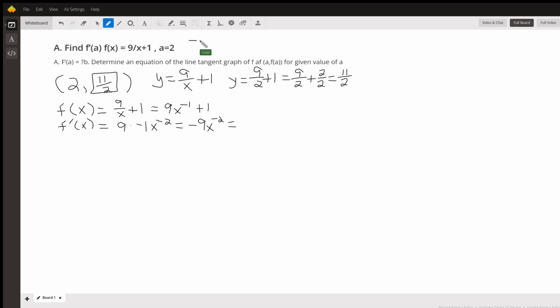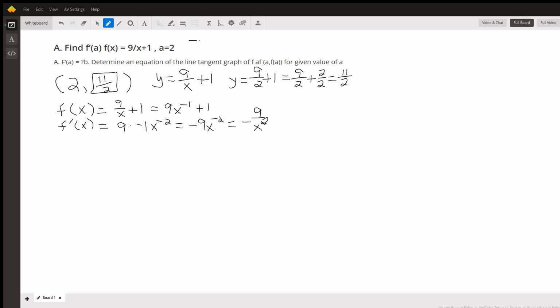Then I can rewrite that, since x to the negative 2 is really 1 over x squared, as negative 9 over x squared. So that's the derivative: negative 9 over x squared.